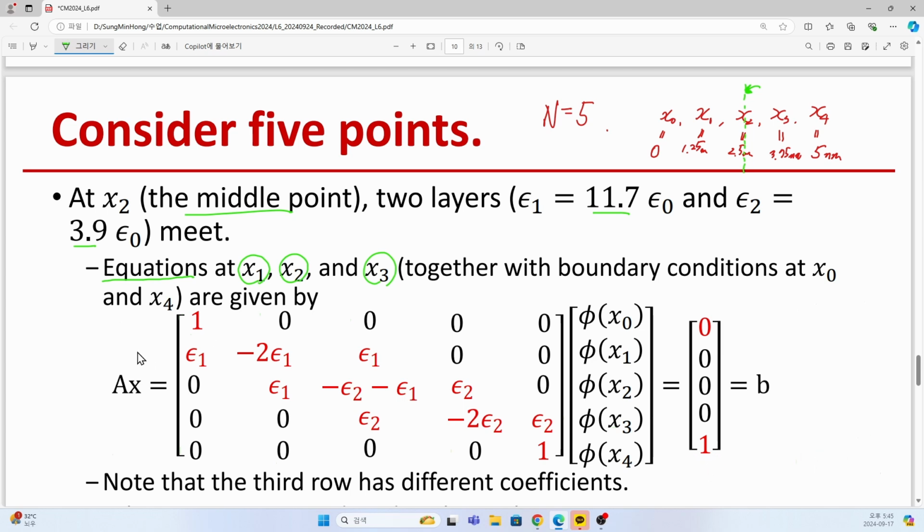Then let me just consider this second line corresponding to x sub 1.